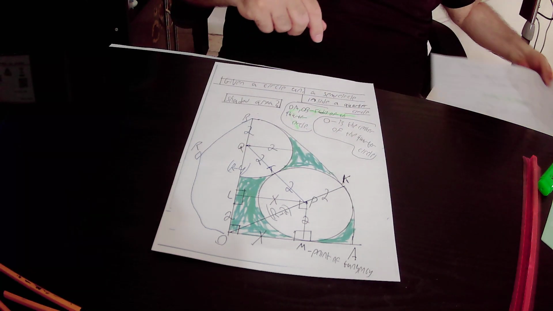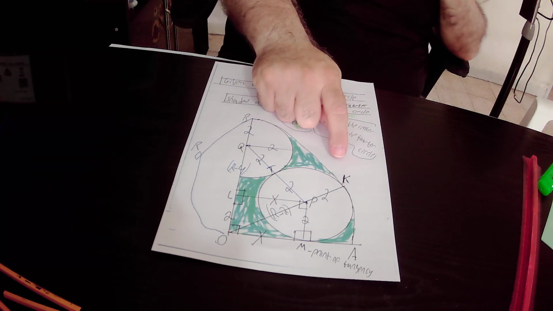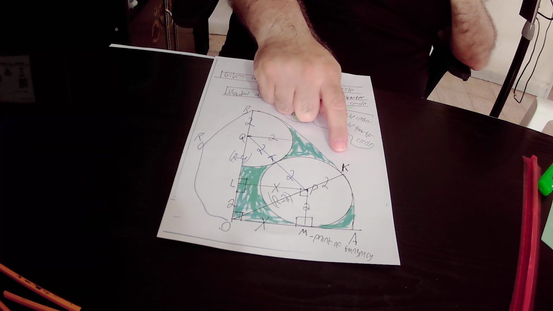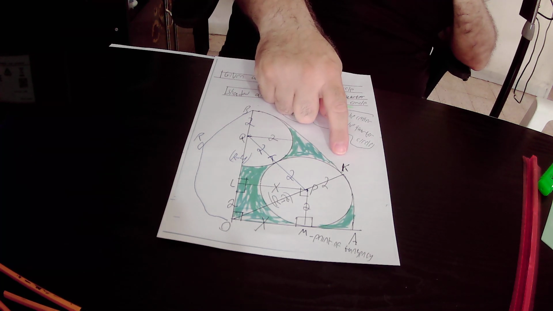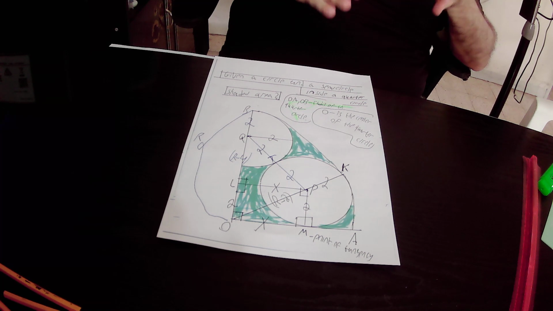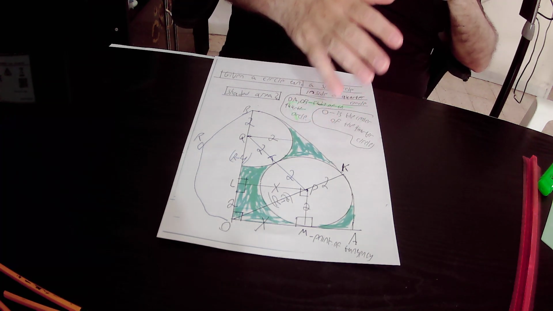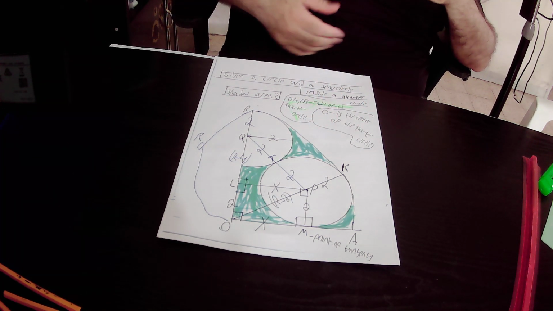Then we focus on point K. Point K is the touching point between the circle and the quarter circle. So at point K, this circle and the quarter circle have an internal tangency between them.